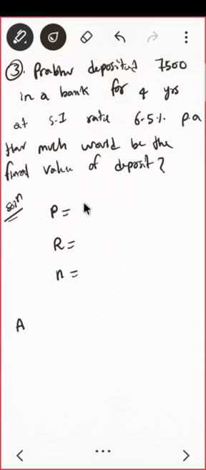Okay, P is 7500 and what is R? That is 6.5%. Right? You don't have to write percent if you want. And this is 4 years, correct. What is the formula for amount? That is principal plus simple interest, correct?